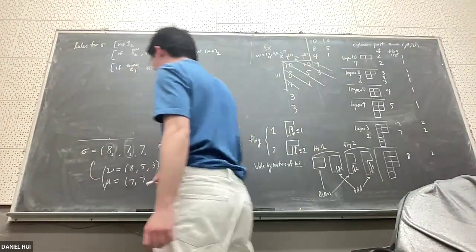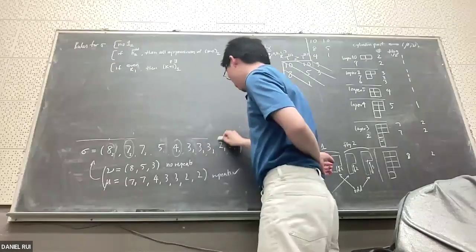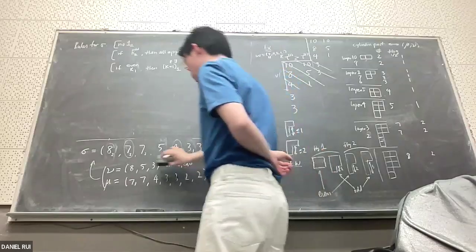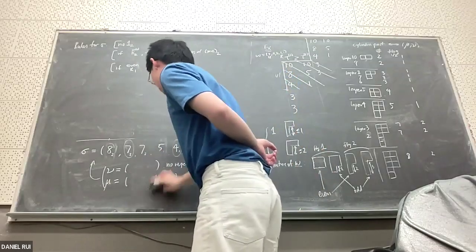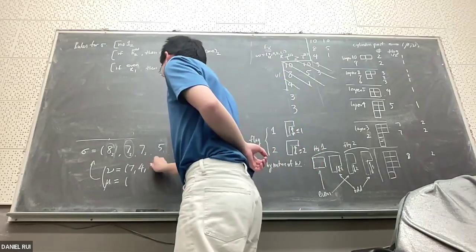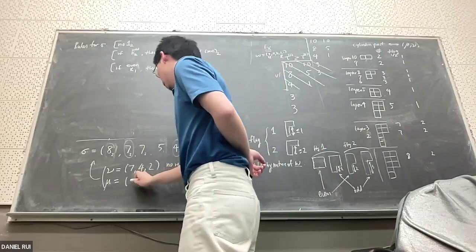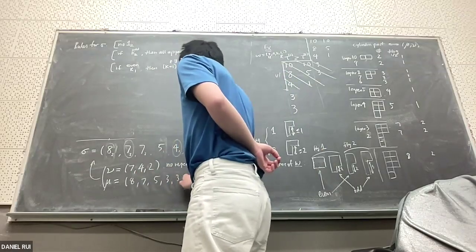So here 7 and 2 are opposite parity, 4 and 1 are opposite parity, 3 and 1 are opposite parity. So actually the correct nu, I think, should be 7, 4, 2, and mu should be 8, 7, 5, 3, 3, 3.